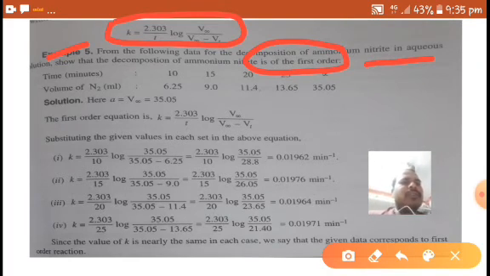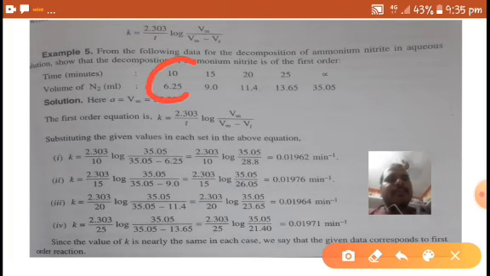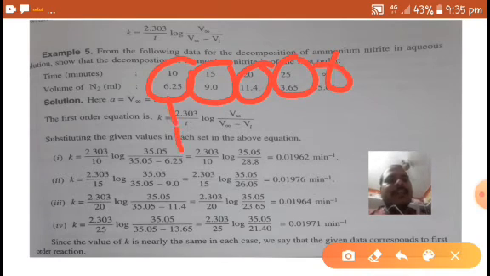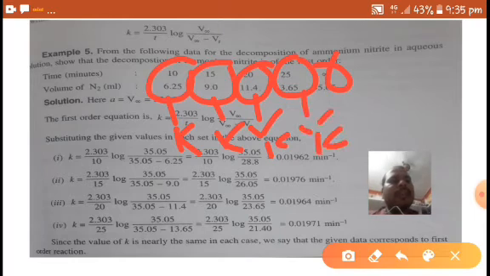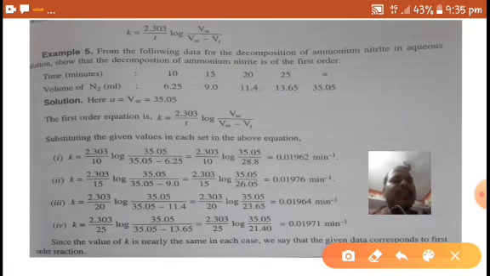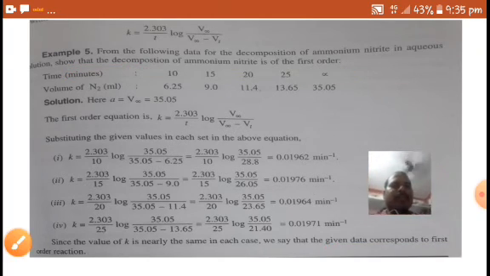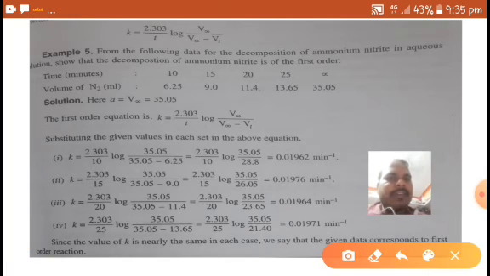So by this way we will show that the decomposition of ammonium nitrate is of first order.